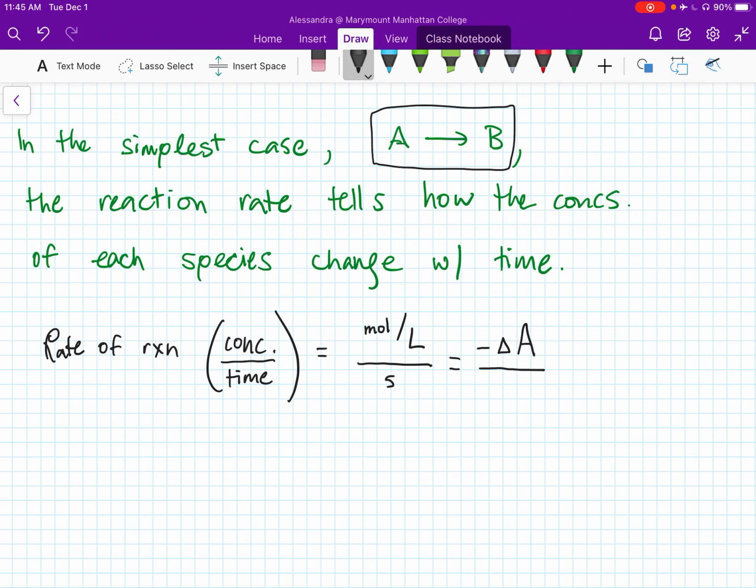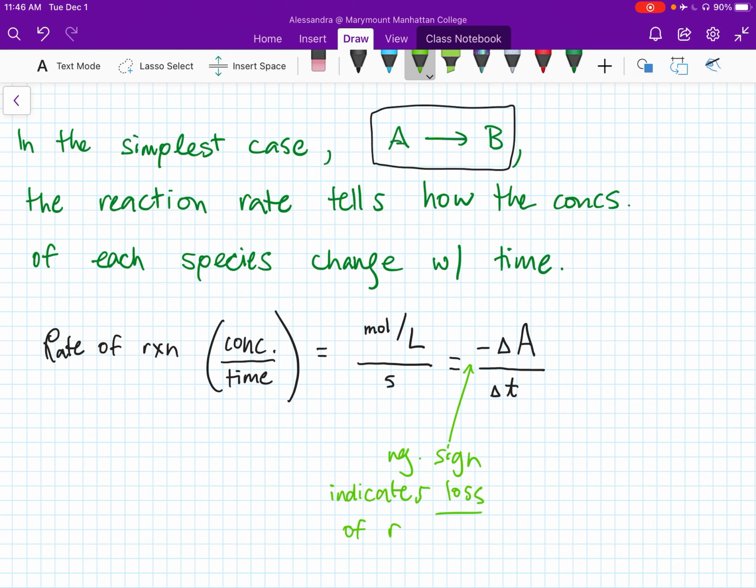And we can measure the change in the concentration of A per unit of time, which I'm going to call delta t, where I am just dealing with a small chunk of time. So this negative sign is indicating the loss of reactant A.